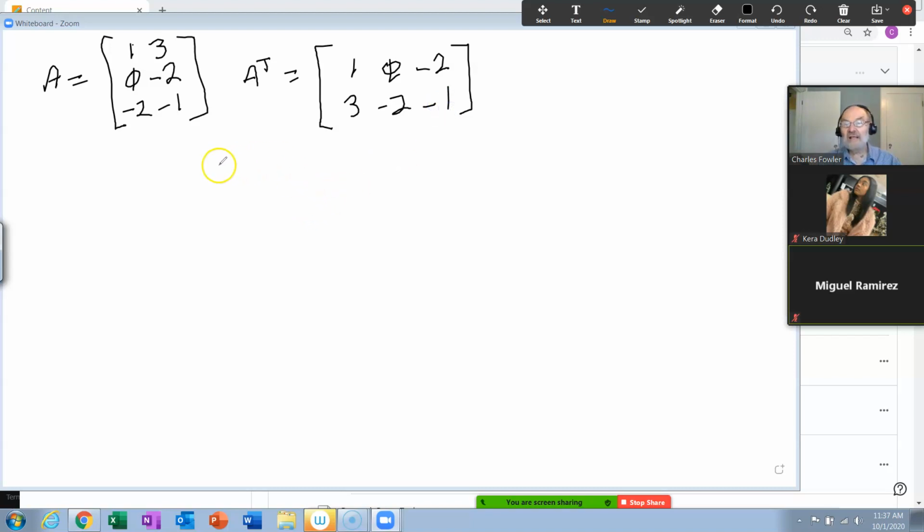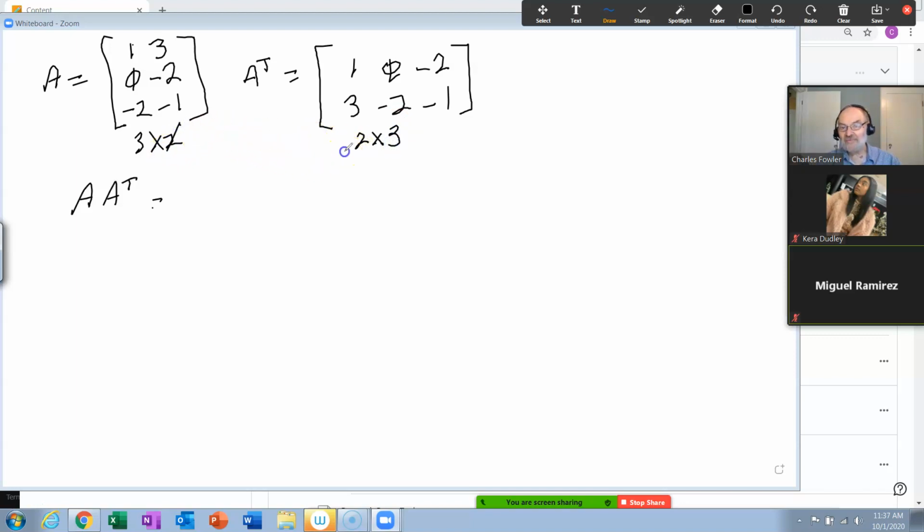Okay. Now we're going to do the product of those two. A times A transpose. Now, what size will that be? We already said A was a 3 by 2 and A transpose was a 2 by 3. The first question we have to ask ourselves, can we even multiply those?